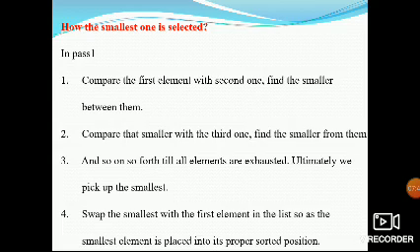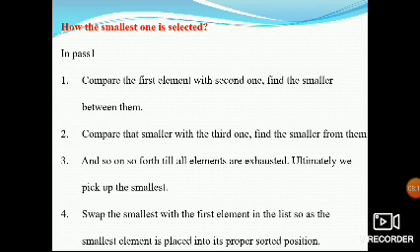Compare the first element with the second one and find the smallest between them. The first element and the second element, we have to compare, and find which is the smaller. Then compare the smaller with the third one.